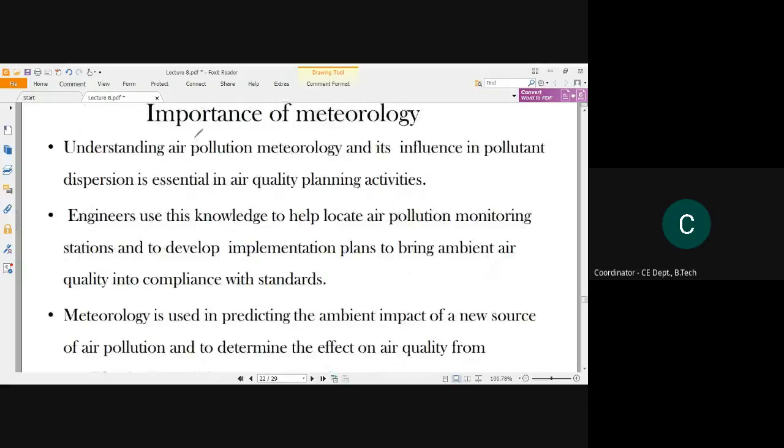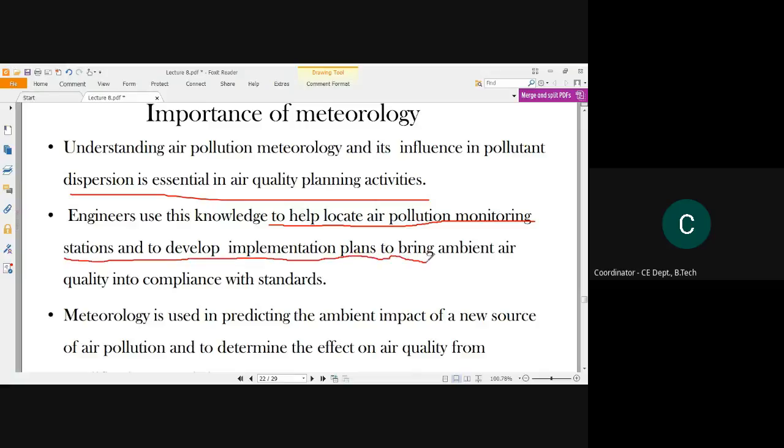Okay. So the importance of meteorology: understanding air pollution meteorology. Next, it says that engineers use this knowledge to help locate the air pollution monitoring stations and to develop implementation plans to bring ambient air quality into compliance with standards.